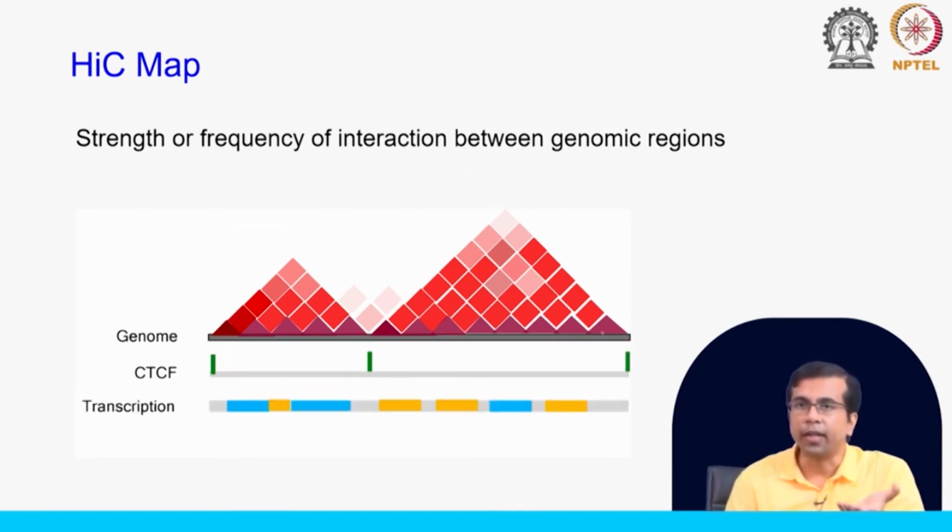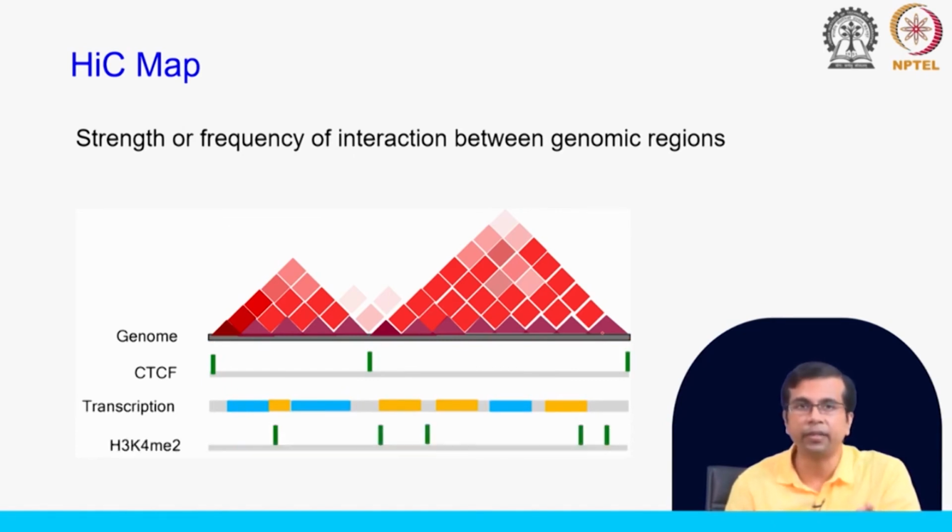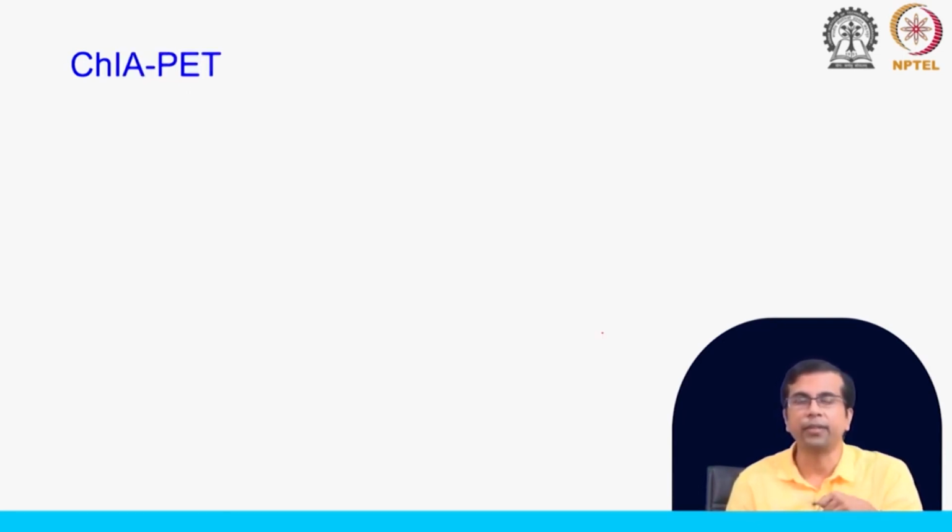You can also look at the transcription profile of these regions. You can then classify into A compartments and B compartments. You can also look at histone modification patterns, again by ChIP-seq or ChIP-exo, and overlay this with a lot of things. This helps us in understanding these interactions, and you will see these kinds of figures across all the interaction maps that you come across in the references.